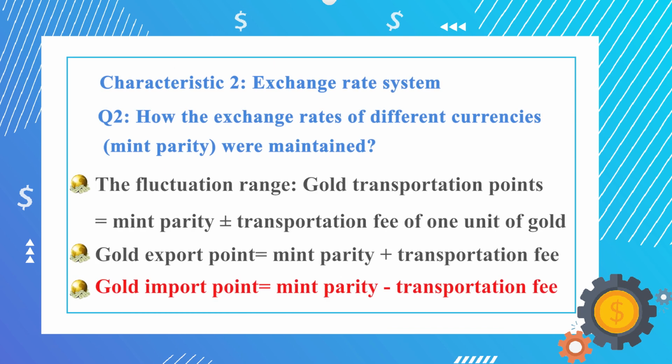So the floor level of the foreign exchange rate would equal the mint parity minus the gold transportation fee, which is the gold import point, also the lower limit of the exchange rate.